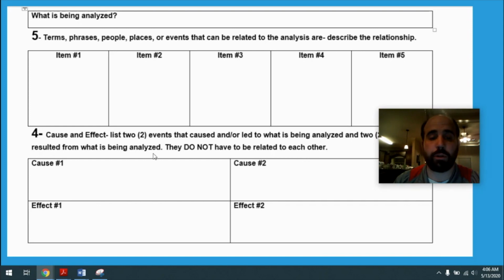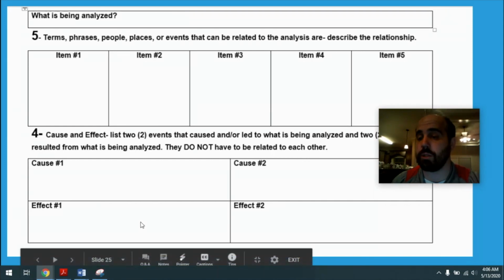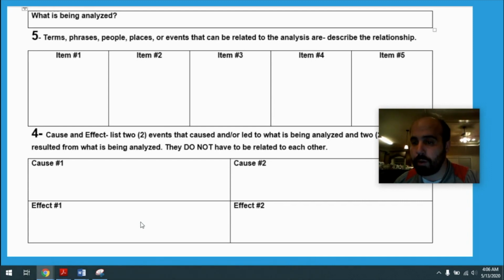The first thing they're going to do is look for causes and effects that relate to each other, specifically in the text where it said this happened and this was the result of it. Boom, boom. This caused this. And that's okay. There's nothing wrong with that. But we also understand that there can be a cause for why this was created, and the effect doesn't necessarily have to be directly related to the cause for why this document was created in the first place.